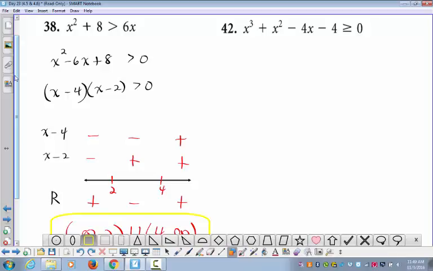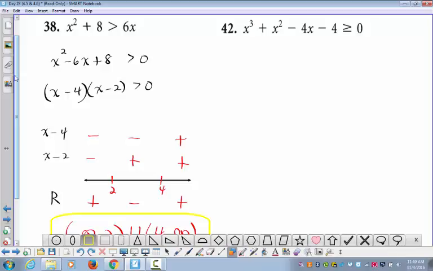We did it earlier this semester. Right? So don't think that these numbers are negative on the number line. It's just what numbers make that equation true. Or positive or whatever it needs to be.